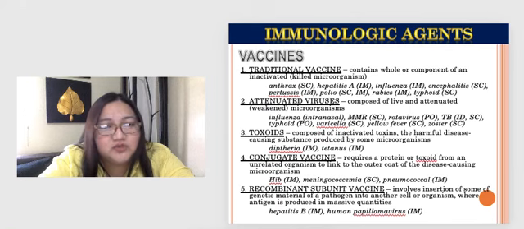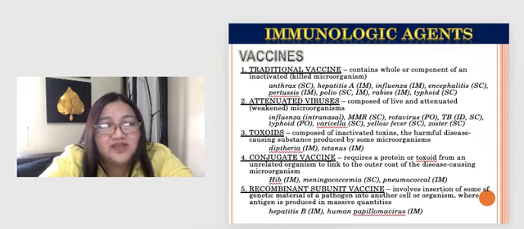Pag sinabing toxoid vaccine, yung in-inject sa inyo, inactivated toxin or the harmful disease-causing substance.